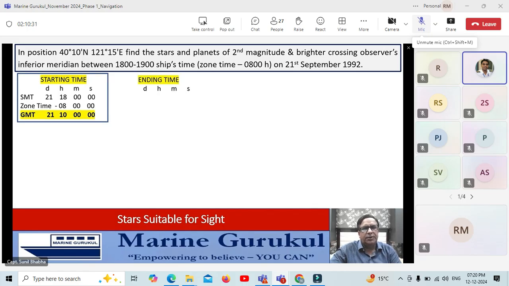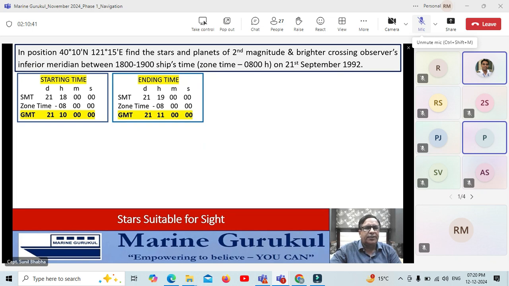We get the GMT at the end of the interval, which comes to 21 day 11 hours 00 minutes 00 second. Now we get LHA Aries for both these GMTs. GHA Aries at commencement time is 150 degrees 31.9 minutes.